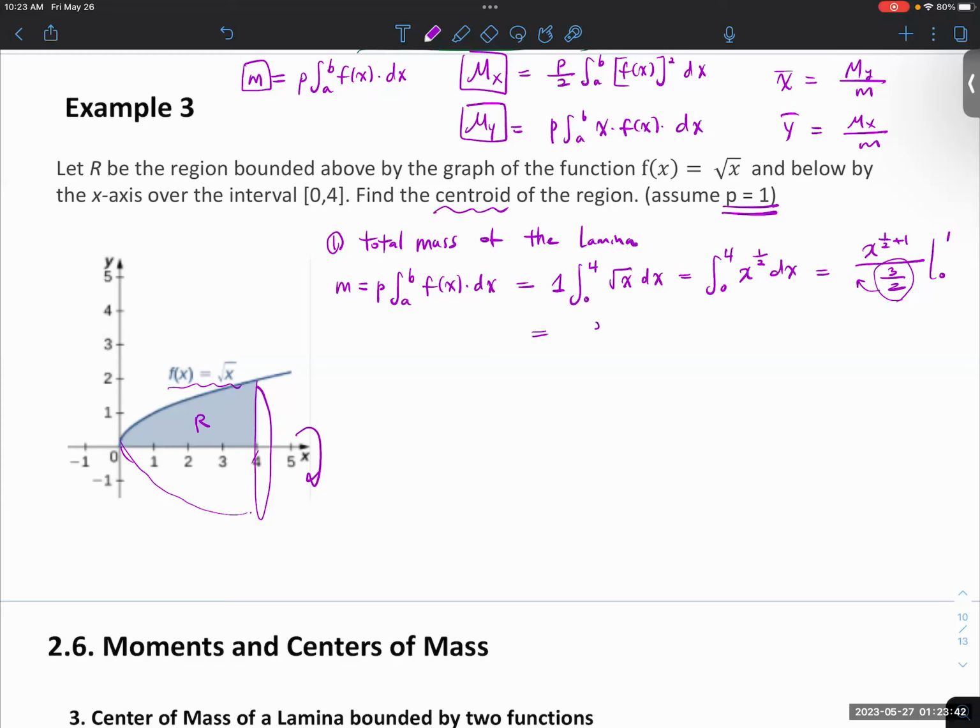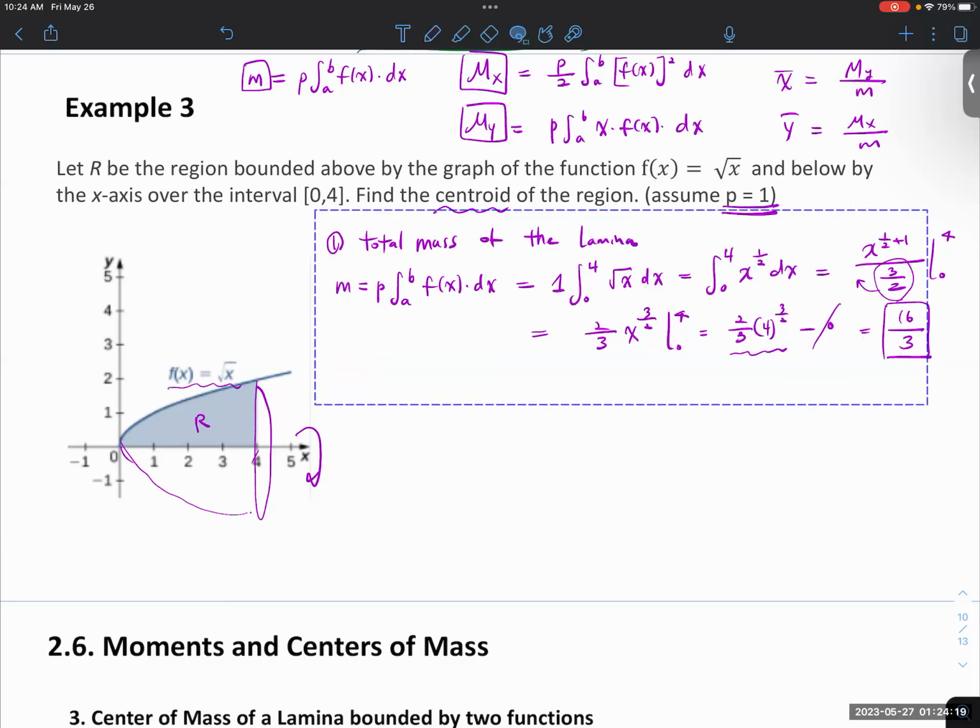So that would be 2 over 3 x to the 3 over 2, from 0 to 4. I have a little bit of a typo; this is 0 to 4, so I have to plug in 4, not 1. If you calculate this, that is going to be 16 over 3. Gotcha. This is the total mass of this lamina shape. Are you following?